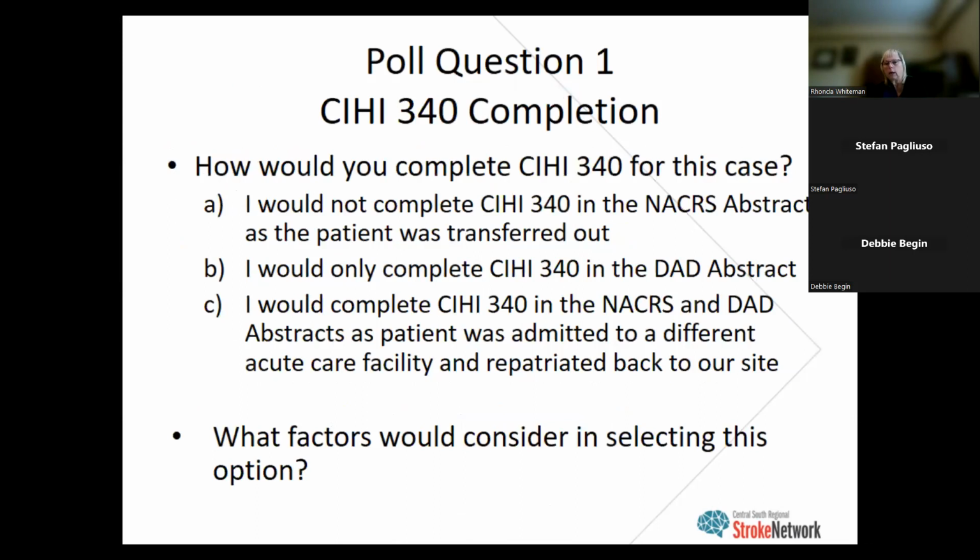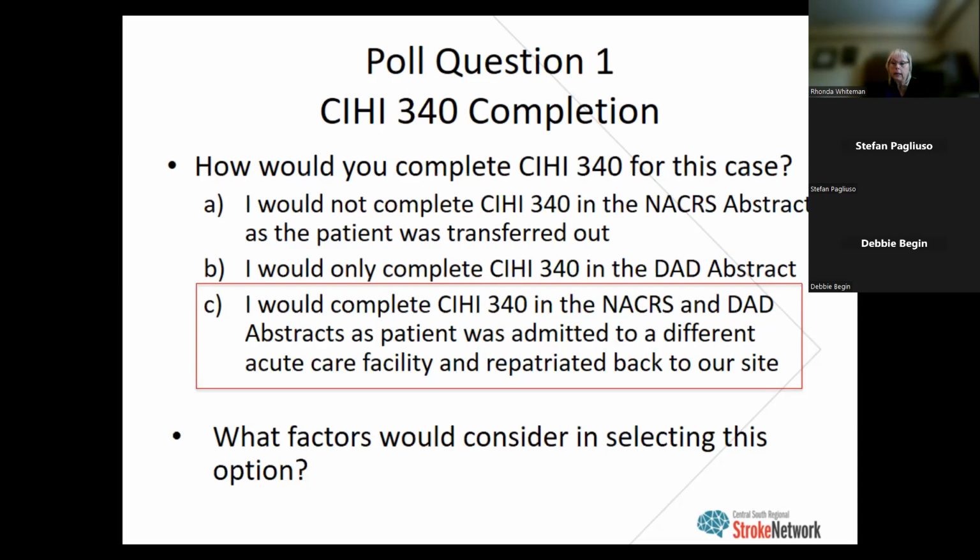And so in this situation, again, because patients are admitted from ED to acute, it would be completed in the NACRS and the DAD. The NACRS, because they're going to admitted to acute, not going ED to ED, it would be completed in NACRS and then in the DAD when they were repatriated back.